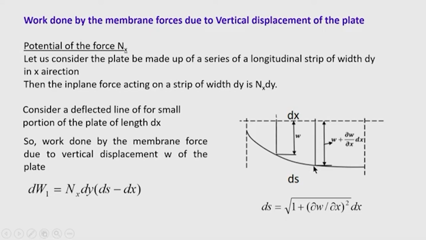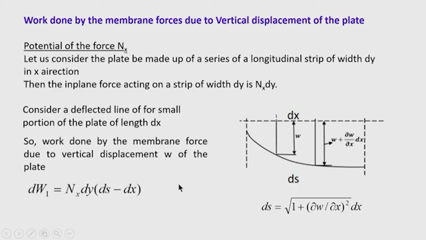Now we have to find the work done due to membrane forces Nx dy on the strip. This work done, which I am denoting dW1, is equal to Nx dy, the force, times the displacement, that is the change in position, which will be ds minus dx, because ds is the curved length and dx is the straight length.